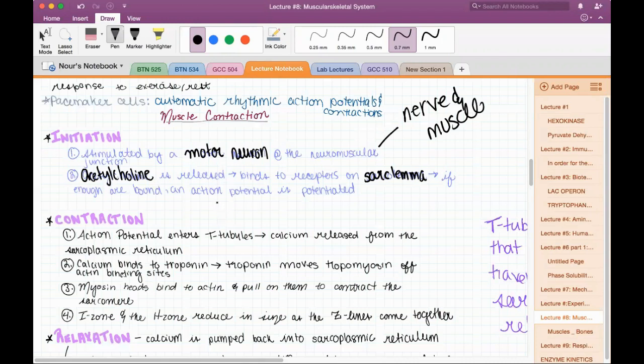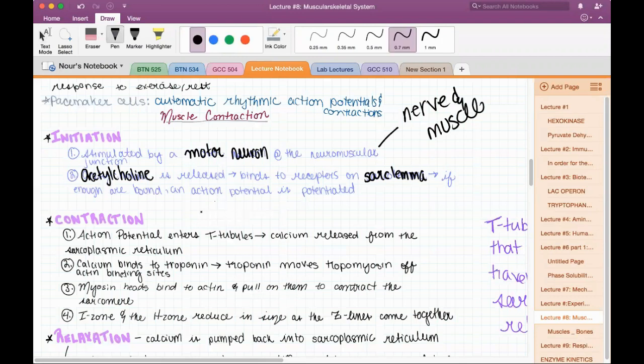If enough inputs add up on the dendrites and the cell body says okay, it'll shoot out an action potential.